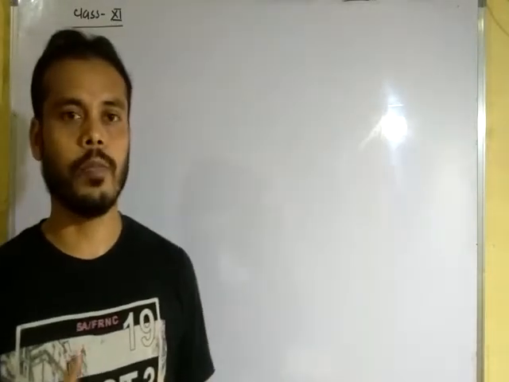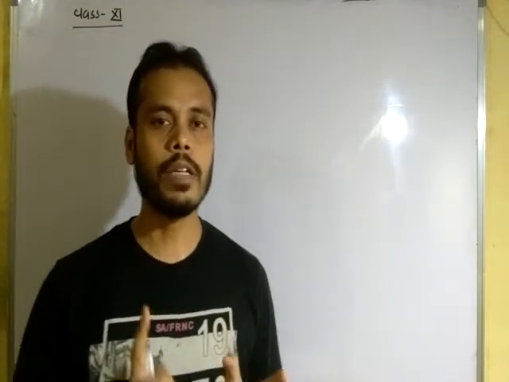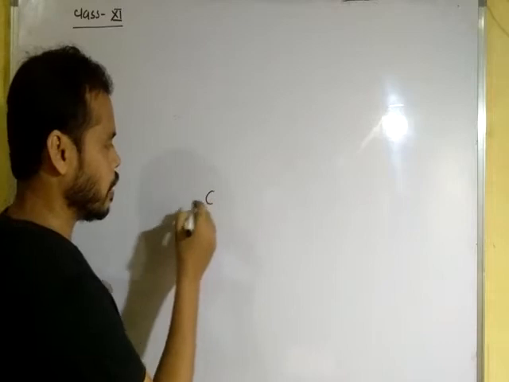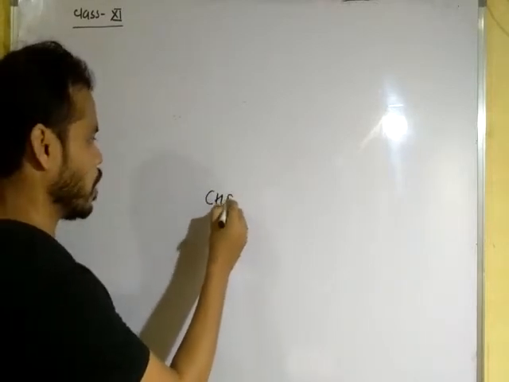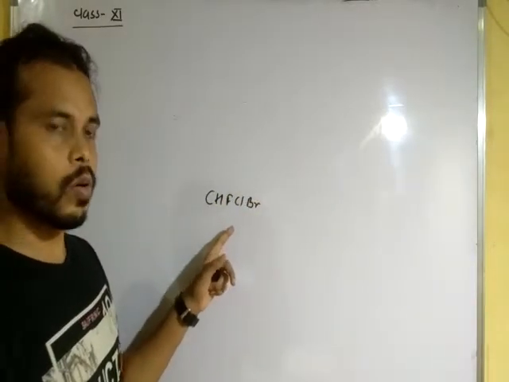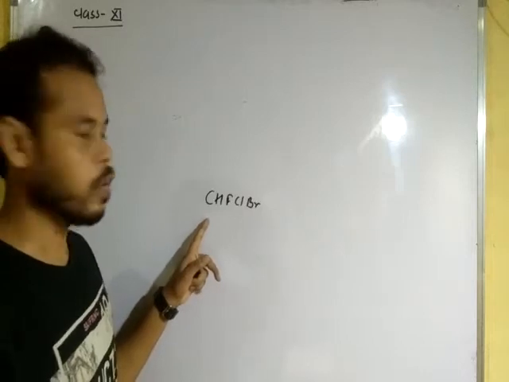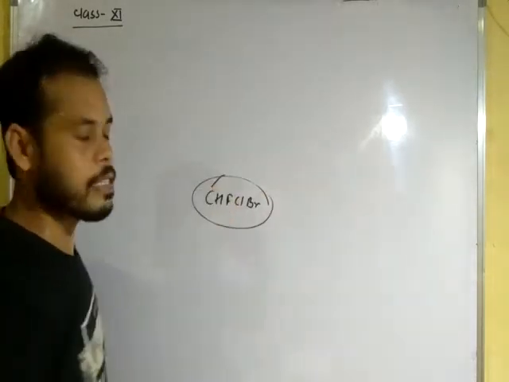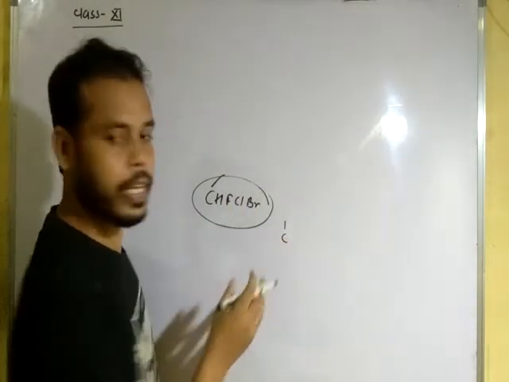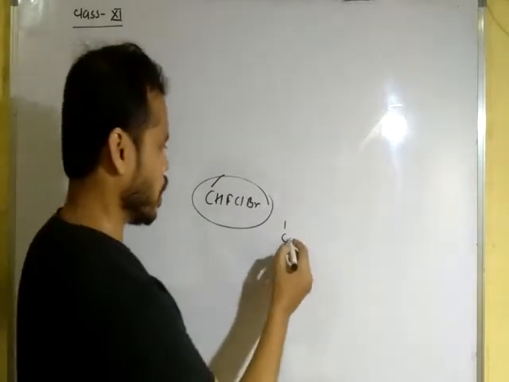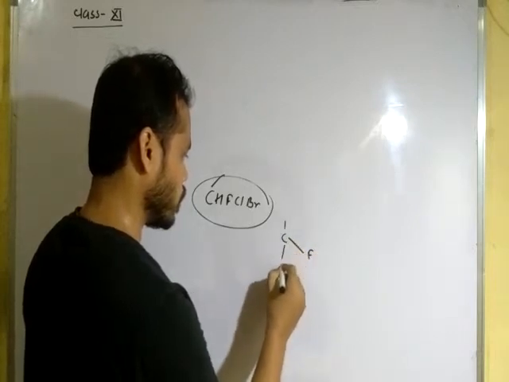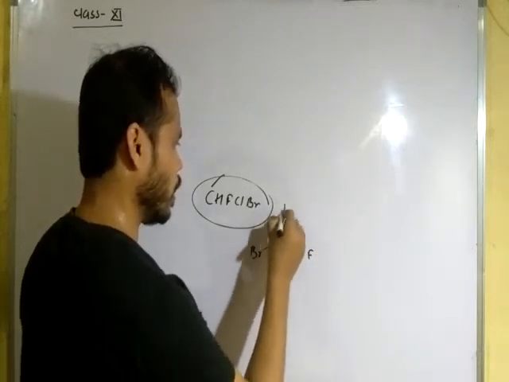Okay, suppose four atoms, hydrogen, fluorine, chlorine and bromine, are attached to an sp3 hybridized carbon. This is fluorochlorobromomethane. This carbon is chiral because four different atoms are attached to it: fluorine, chlorine, bromine and hydrogen.